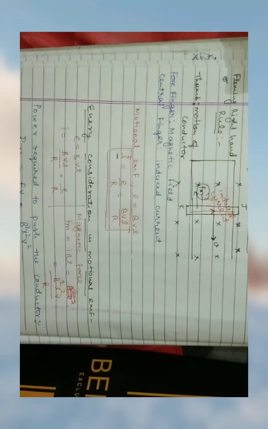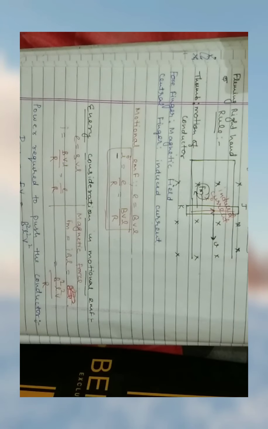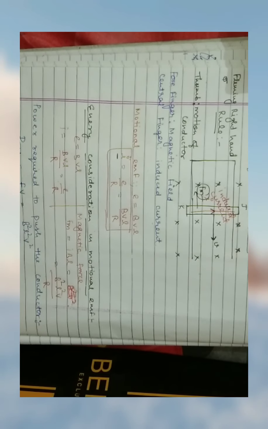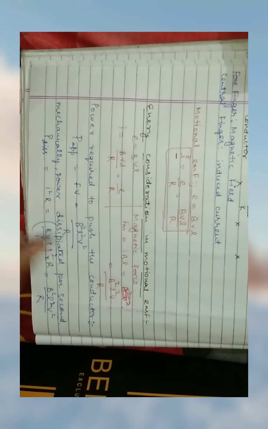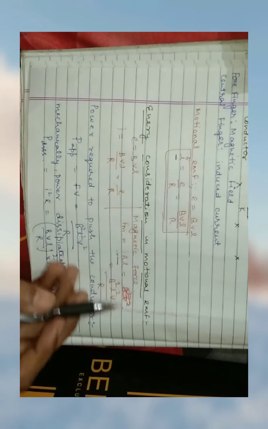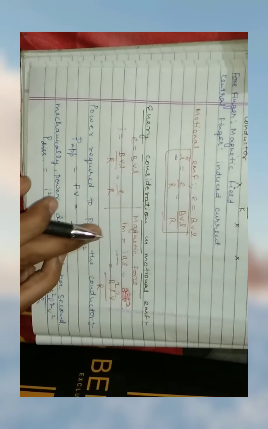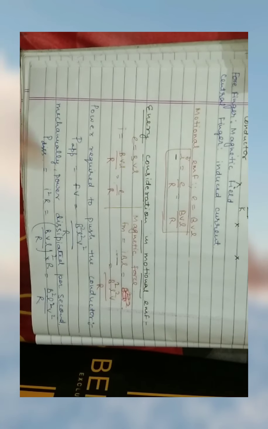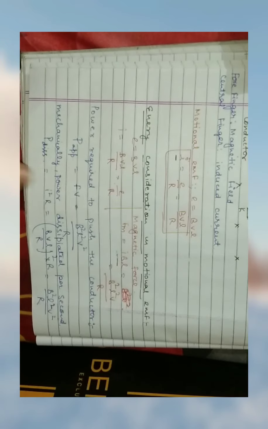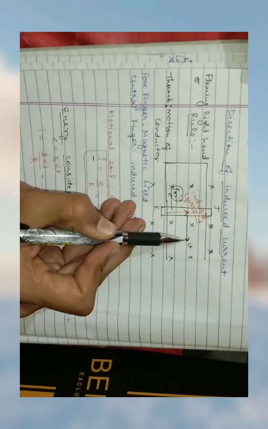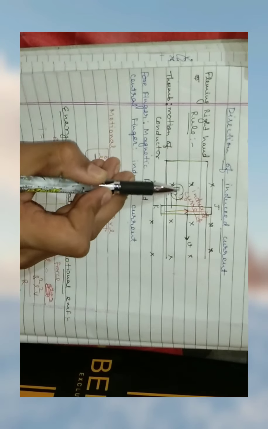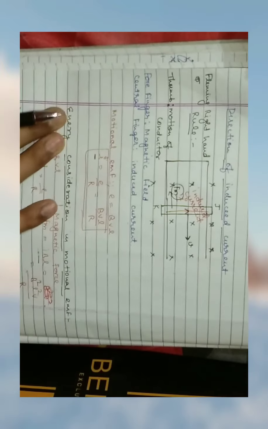F is IBL sine theta. B and L are perpendicular to each other, so the angle is 90 degrees and sine 90 is 1. So the force is B square L square V upon R. This is our magnetic force. Its direction is opposite to the motion of the conductor. If the motion is here, the magnetic force is here. Got it?